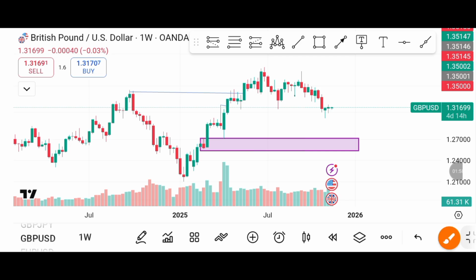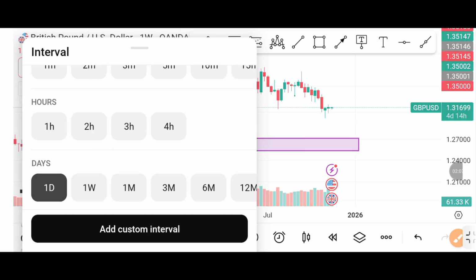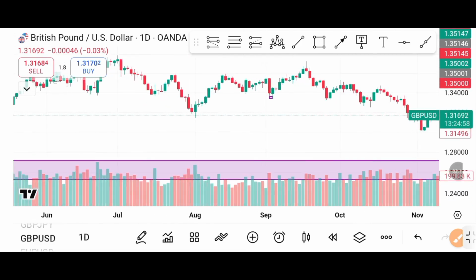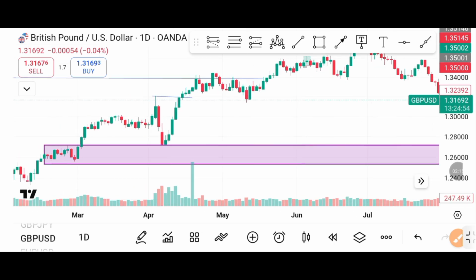But then we proceed to the daily time frame. Let's see if we have some other levels we can mark out. So over to the daily time frame. Now on the daily time frame, the zone we marked out on the weekly time frame is still very much valid and active.